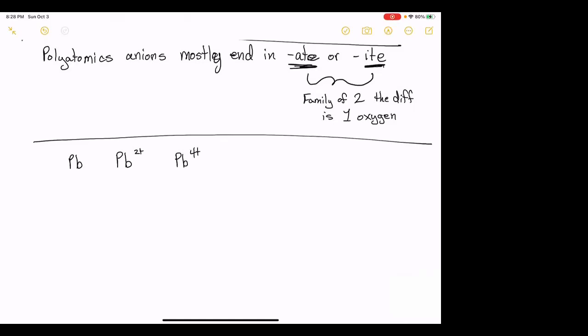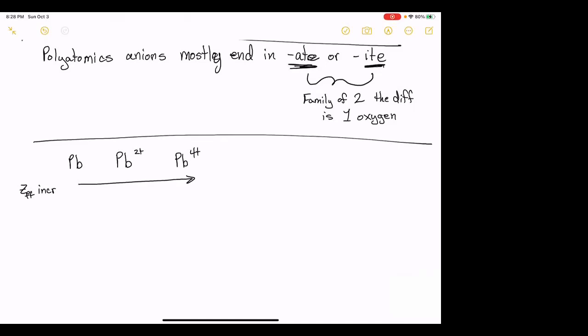And what you would have noticed is that the Z effective increased in order of lead to Pb2+ to Pb4+.